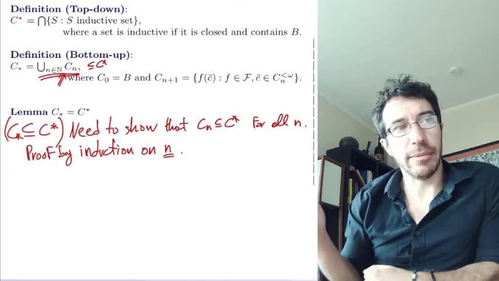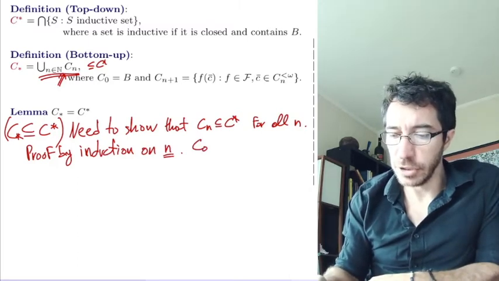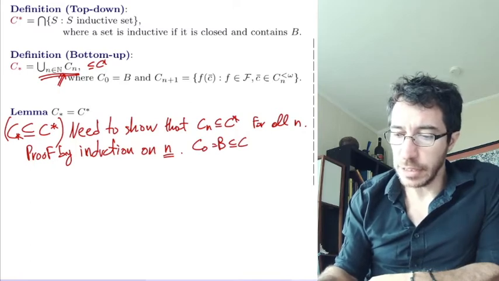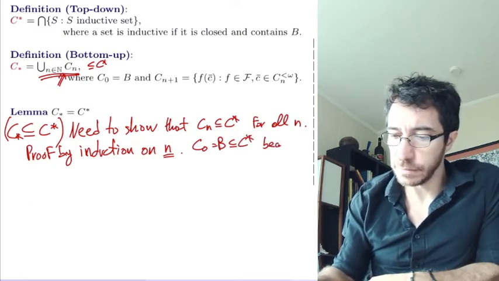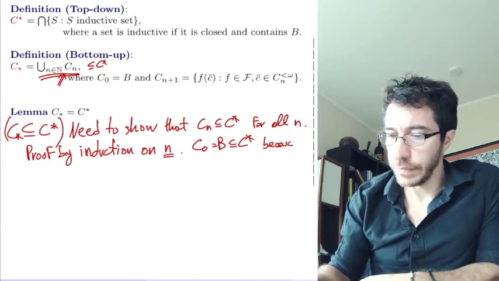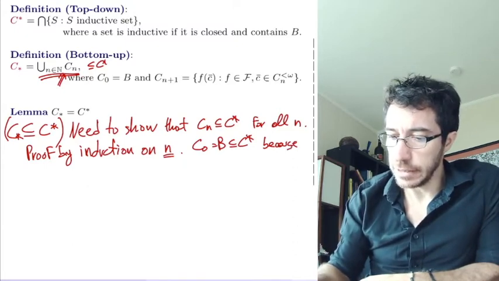And that's pretty simple. C0 is just B. That is, of course, a subset of C star because C star is inductive.